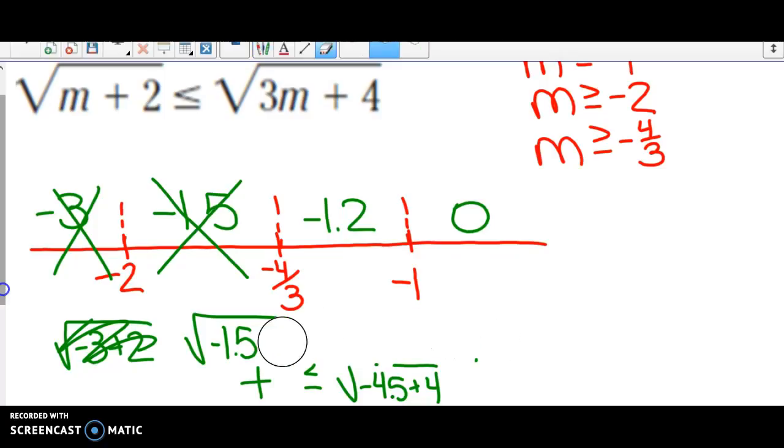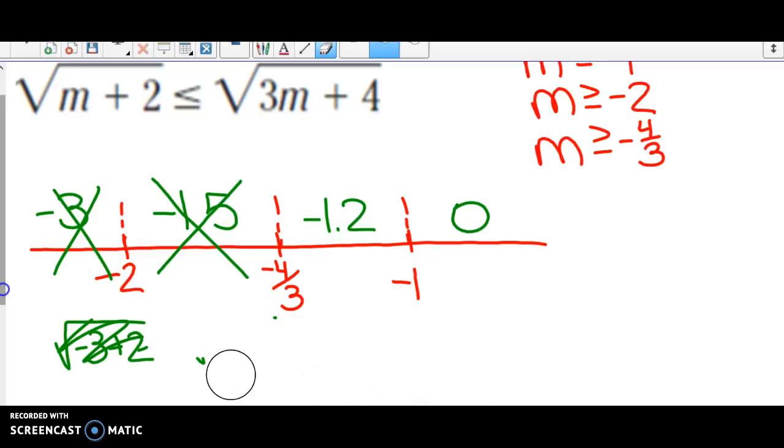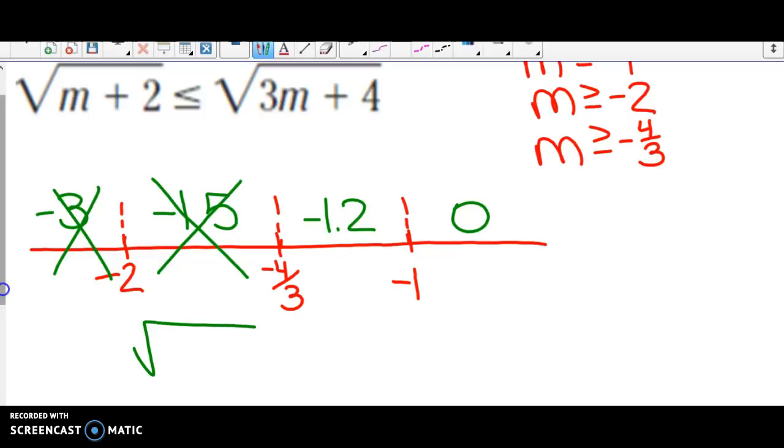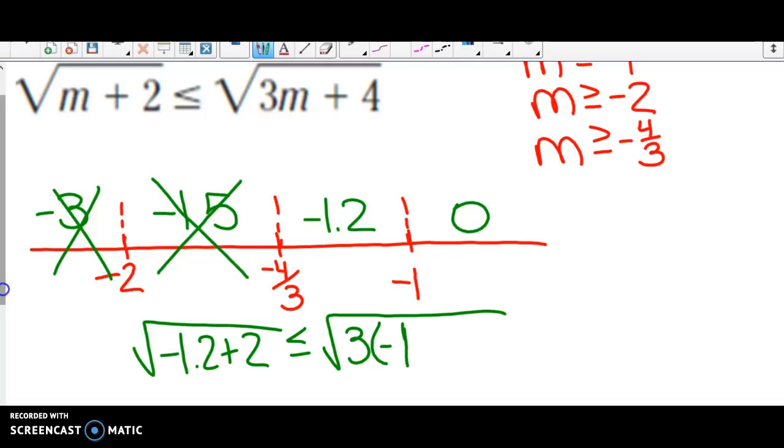We'll do -1.2, which is in between -1⅓ and -1. So now let's try that. So we've got -1.2 plus 2, so yeah, that works. Is that less than or equal to 3 times -1.2 plus 4?